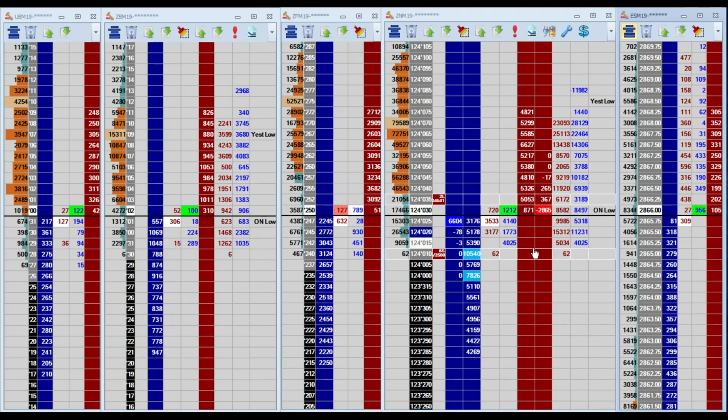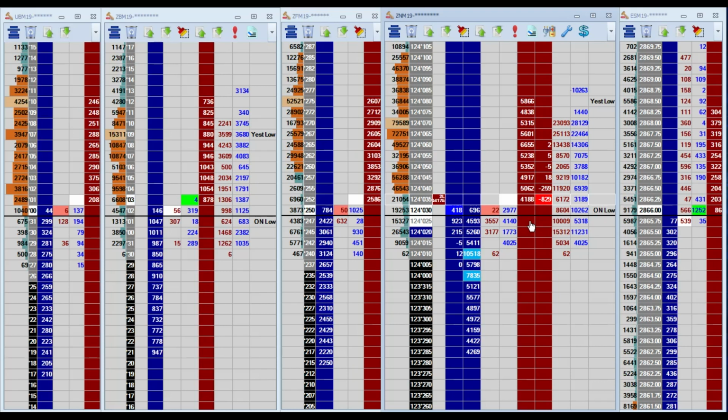Okay, first scale out in. Like I said, the overnight low is going to act as resistance, so we'll be really quick to take this, to cover this position if we have to.